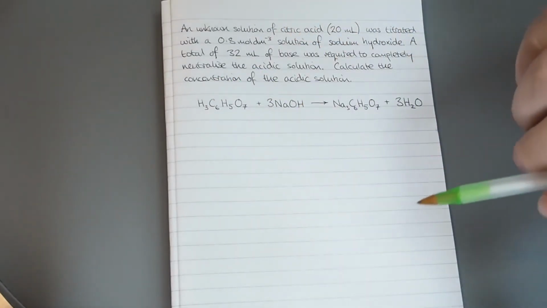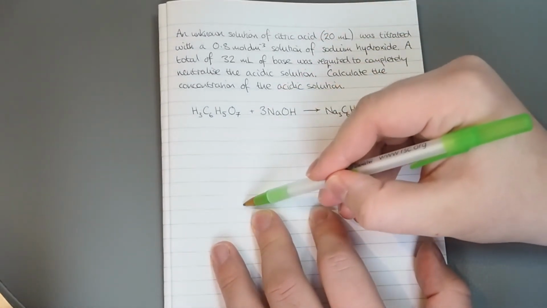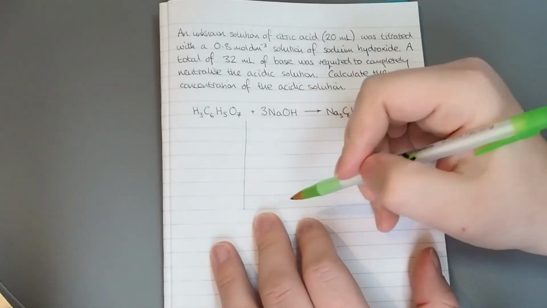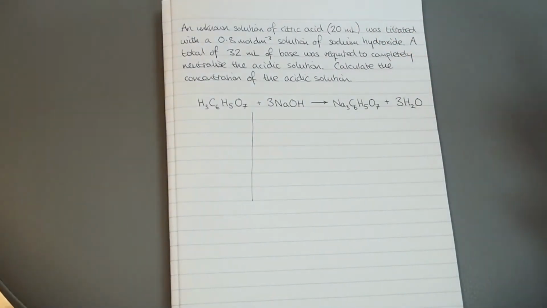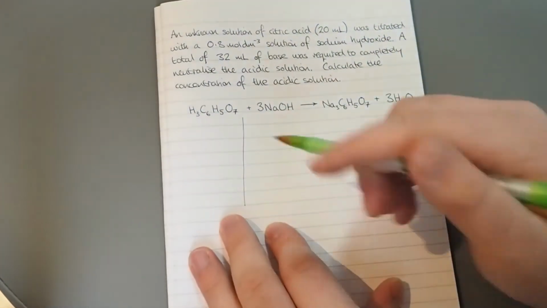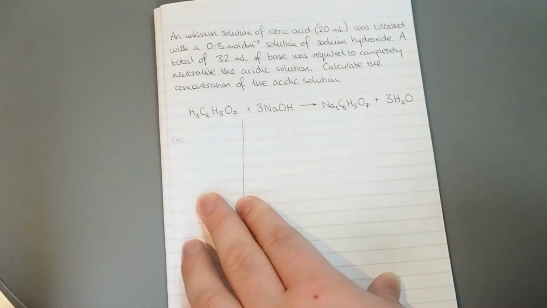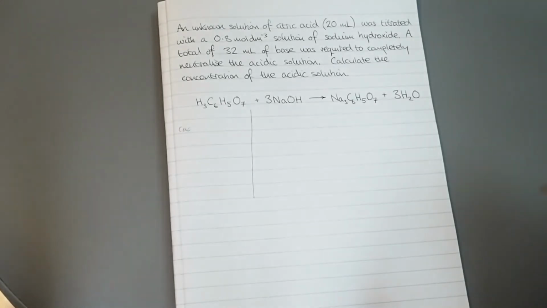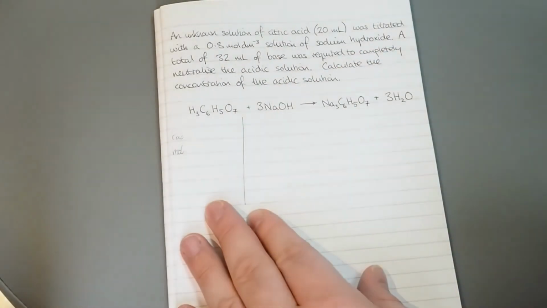So let's set this one up by first drawing our line that runs between these two. I haven't done that very neatly, I'm afraid. I'm doing this sort of side on, so it's easier for the camera to pick up. And then we're going to put a little conc here for concentration, moles there.